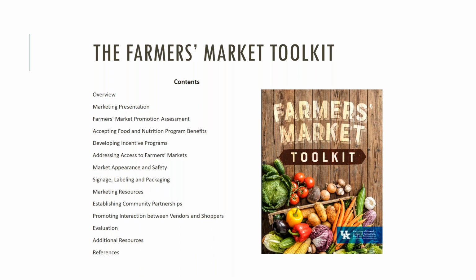There's a section on establishing community partnerships, promoting interaction between vendors and shoppers, and then there's an evaluation, which is really an extension thing, although everybody should want to know if changes they made got them the results that they want. And there are a bunch of additional resources and references.